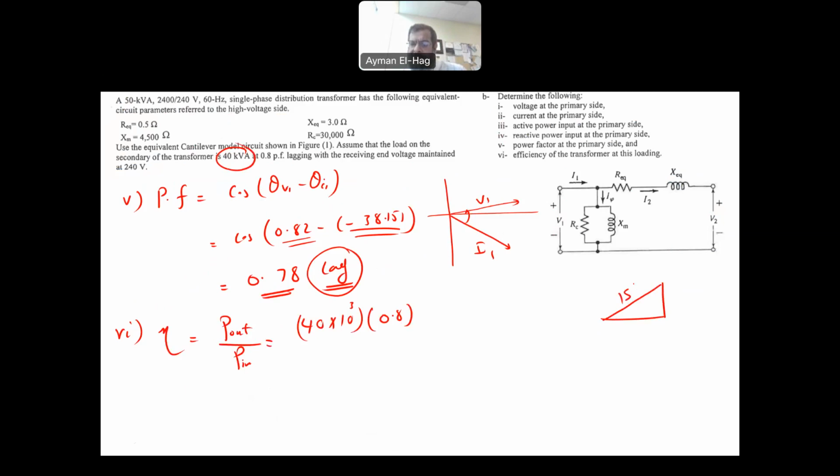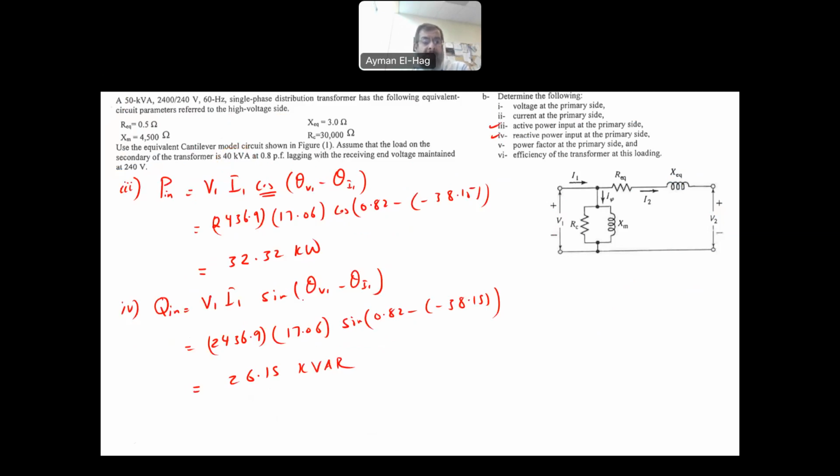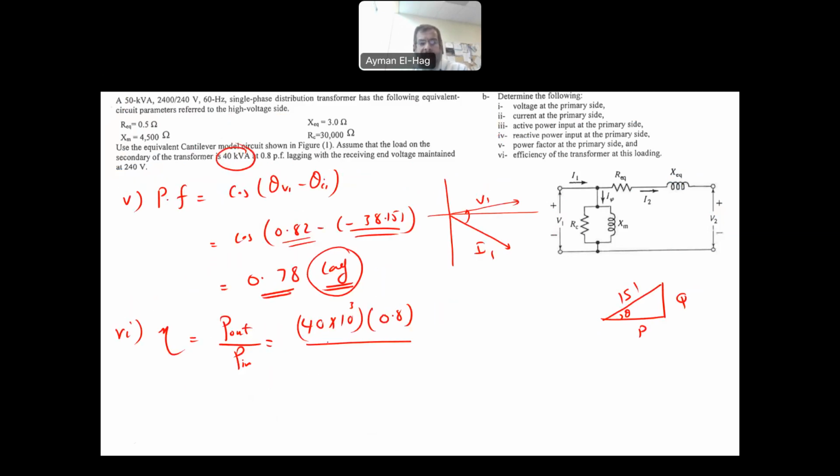This is your S, this is your P, this is your Q, and this is your theta, which is the power factor angle. So your P is S times cosine theta, which is the 0.8, divided by the input power, which you already have, 32.32. And this will give me 99% efficiency.